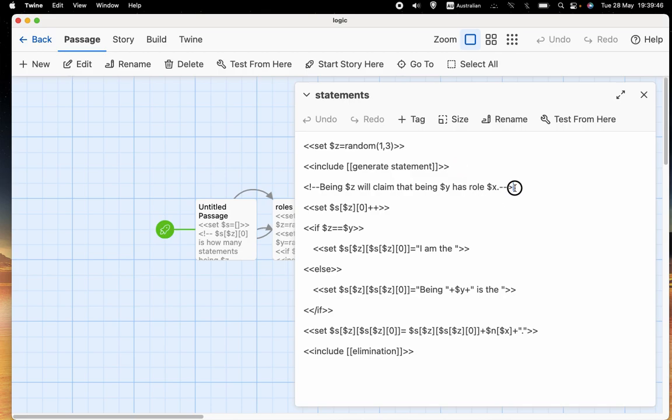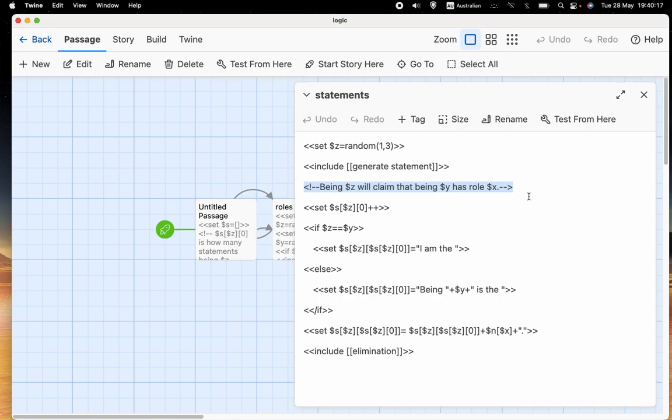But once we come back from generate statement, we know that being Z will claim that being Y has role X. So all of the statements are of the form: being such and such is the angel, is the devil, or is the alien. But when Z is equal to Y, in other words, when, say, being 2 is claiming that being 2 is a particular thing, it doesn't say being 2 is the thing, it says I am the thing.